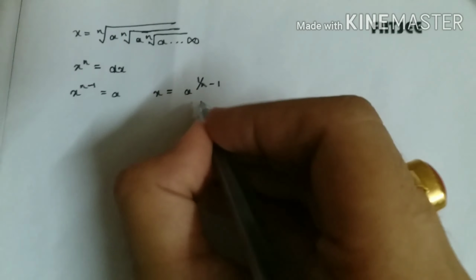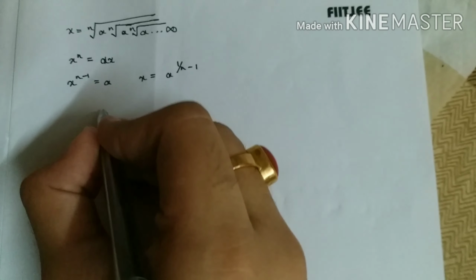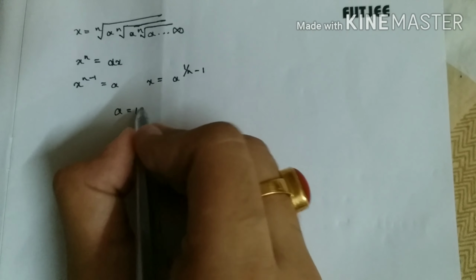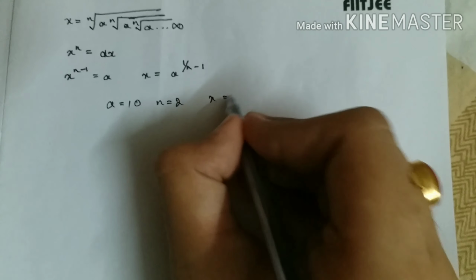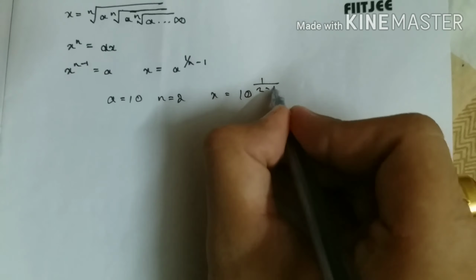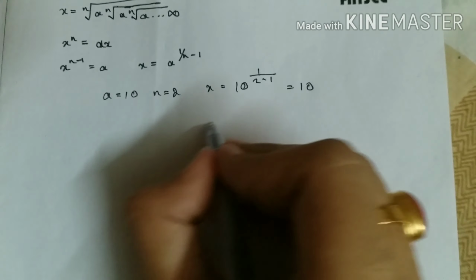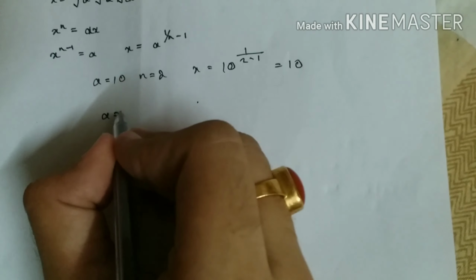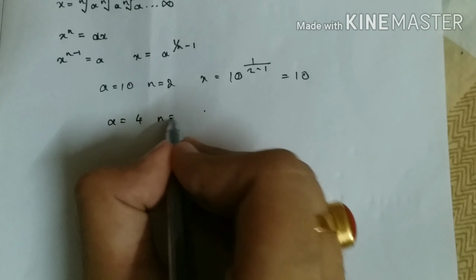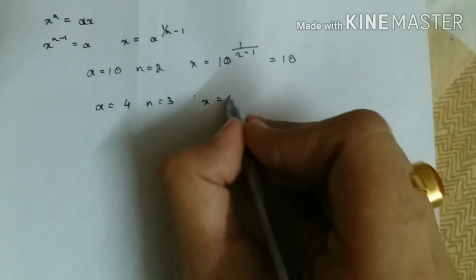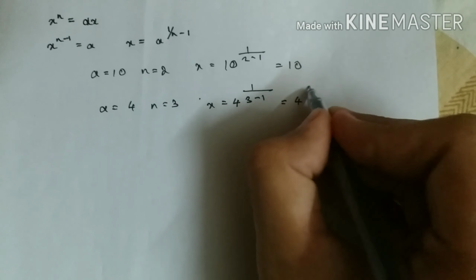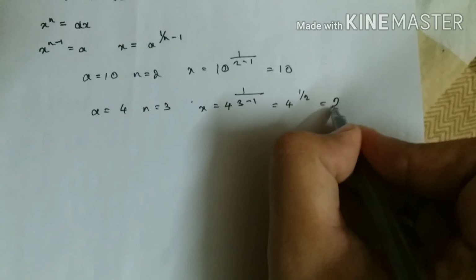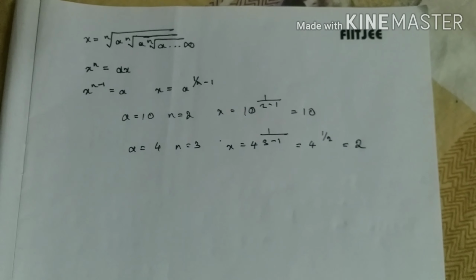Now in the first question, a was 10 and n was 2, so x was 10 to the power 1 by 2 minus 1, which gives us 10. And in the next question, a is equal to 4, n is equal to 3, so x is equal to 4 to the power 1 by 3 minus 1, which is 4 to the power half, which is 2. So you have got the formula for this type of question.